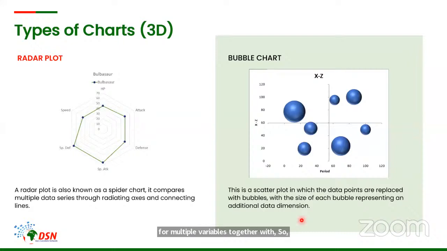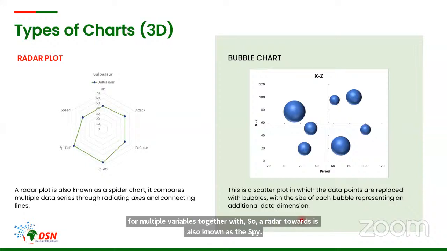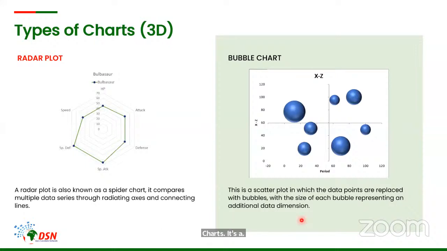It compares multiple data series through radiating axes and connecting lines. So for multiple data series, it makes a line chart that is closed, across the same points, because actually everything must be the same. You see this 0 to 70, it must be the same for all these categories.